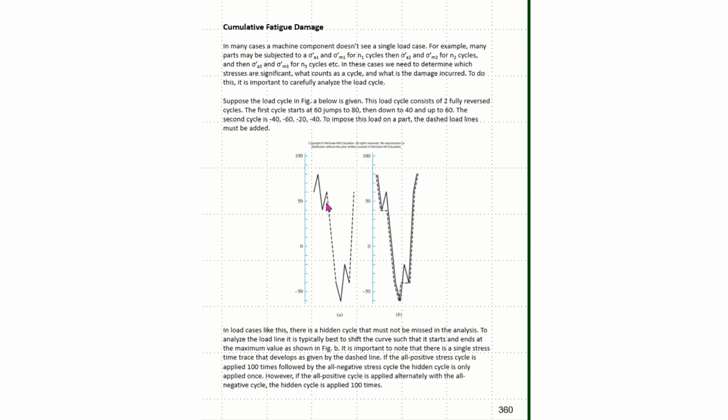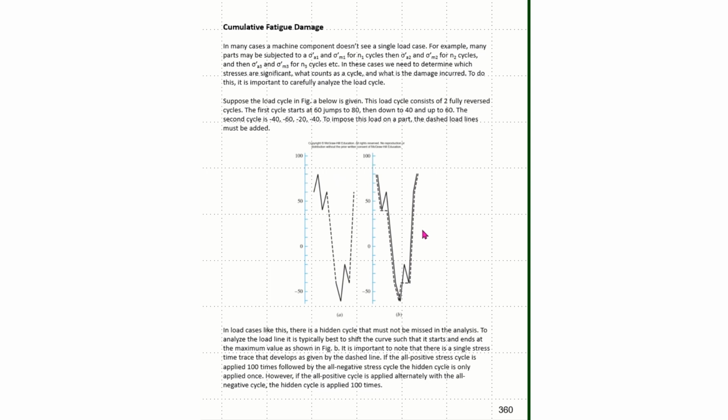So if we had just considered these alternating stresses and these alternating stresses, we would have missed this hidden underlying fluctuation, which is the critical stress cycle. So be careful when drawing these stress cycles that you again go to the peak value and then draw everything to the right, and you will see that you get an underlying curve.